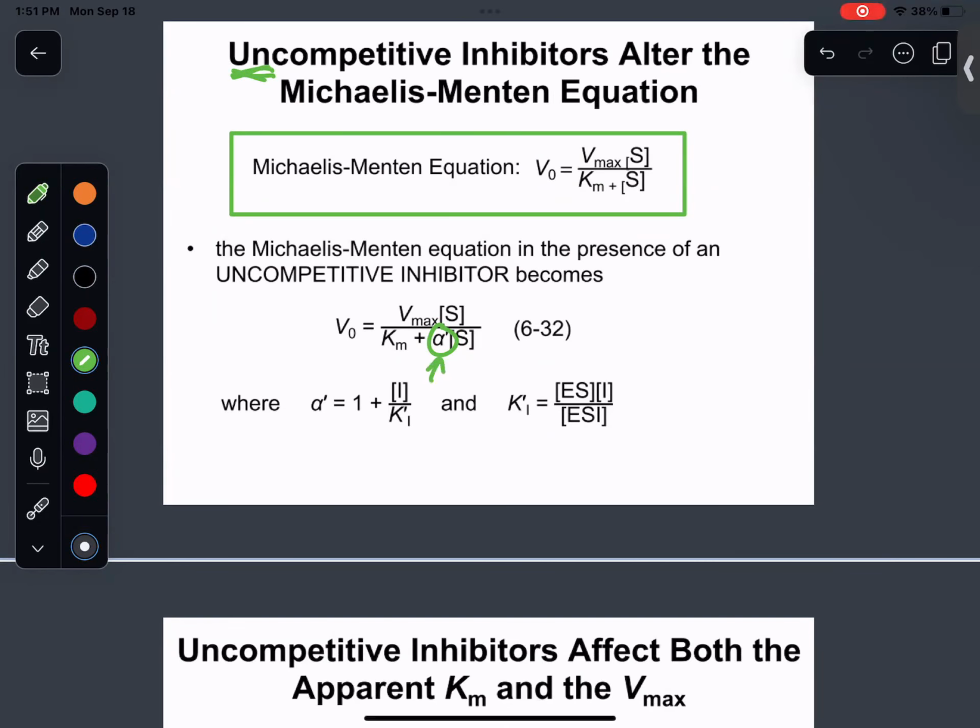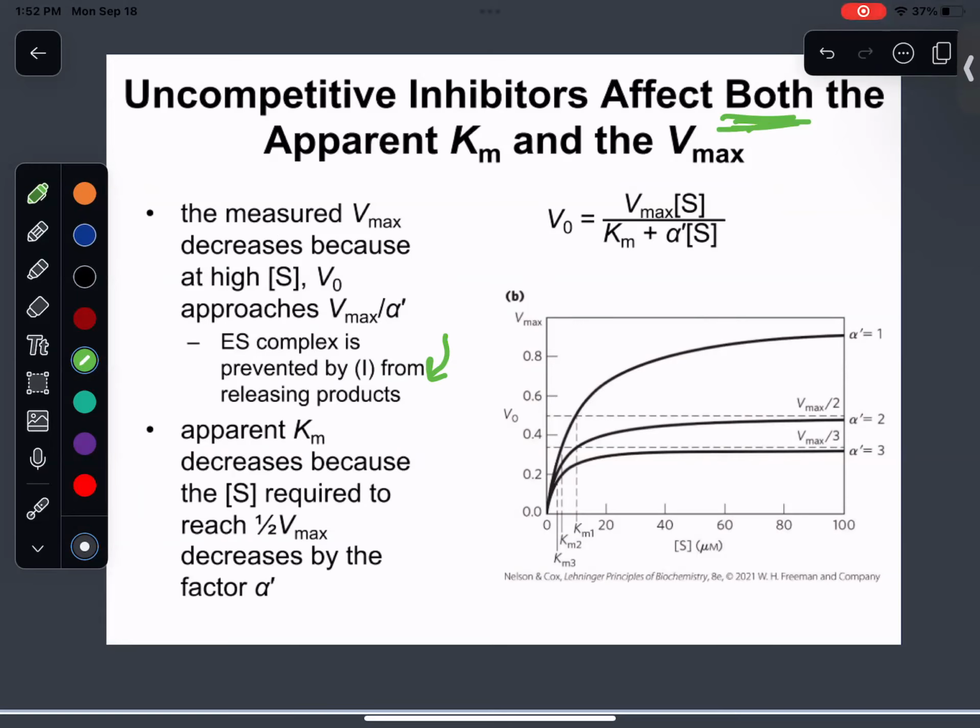Confusing, right? This might help. The enzyme substrate complex is prevented by the inhibitor from releasing products. It's easier when you look at it in terms of practicality. These equations kind of confuse me a little bit. If you can get them, Godspeed. I applaud you.